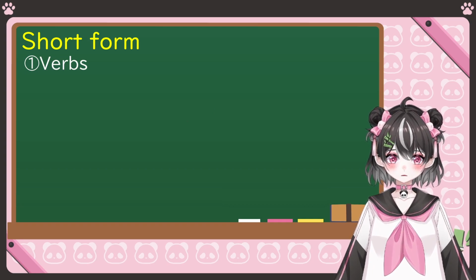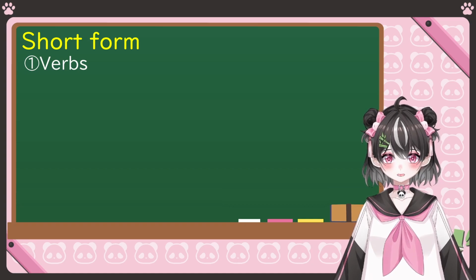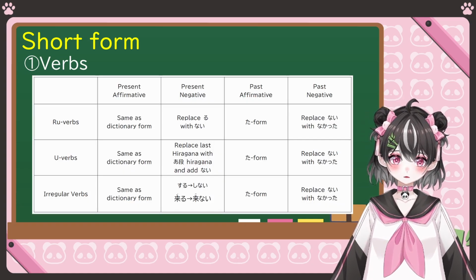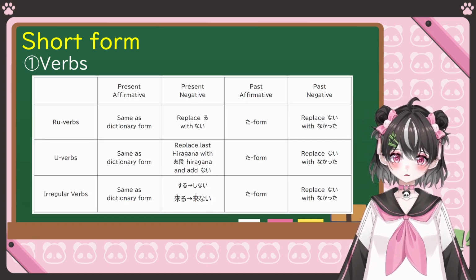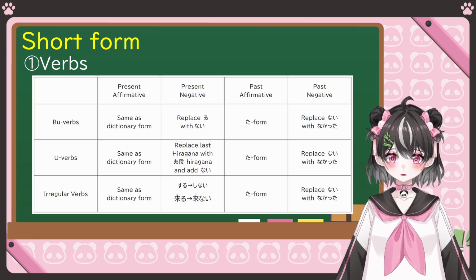There were a lot of rules, so it was a bit confusing, wasn't it? Here is the conjugation table for verbs. If it helps, you can take a screenshot. We'll practice together later.